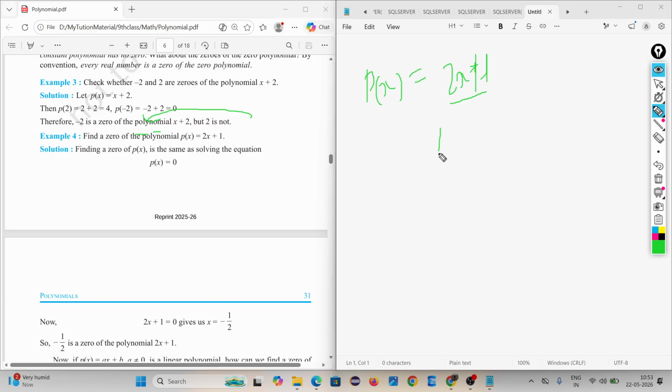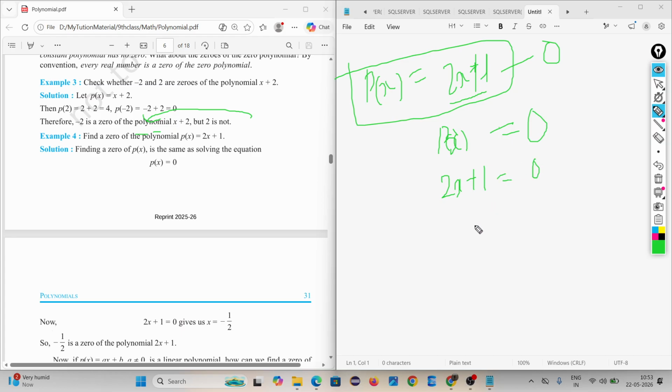What is the meaning of a zero? It means our polynomial should be equal to 0. So can I write p of x equal to 0? Yes. Putting the value, 2x plus 1 equal to 0. 2x equal to minus 1, x equal to minus 1 by 2.